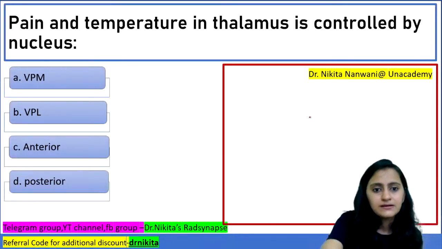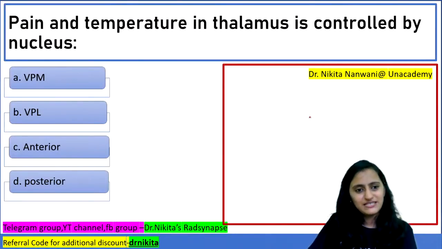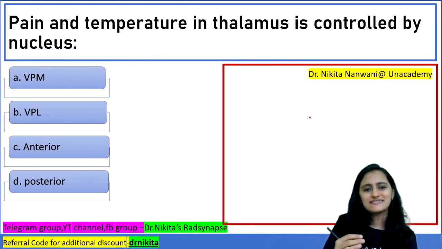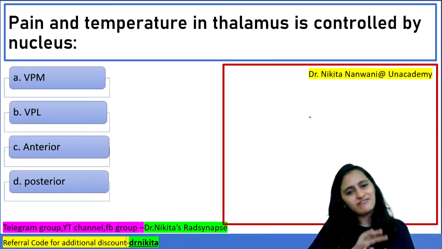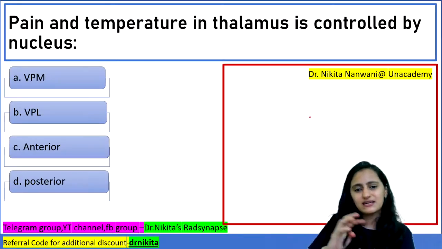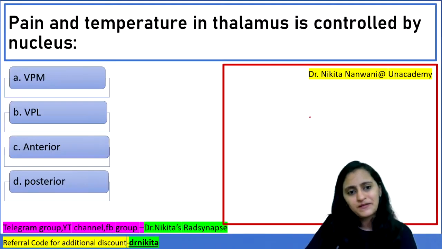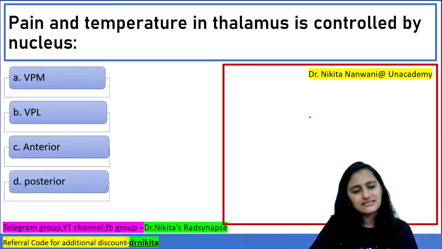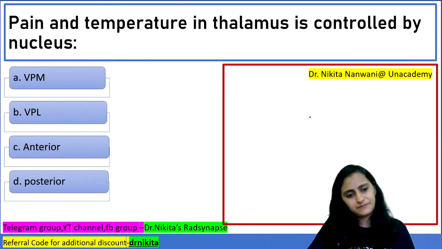All right. Coming to the next question here, pain and temperature in thalamus. This is like a pre-test assessment for all of you. Then we will see the connections in the thalamus, the inputs and the outputs. Pain and temperature in thalamus is controlled by which nucleus? Is it ventral posteromedial, ventral posterolateral, anterior or posterior?